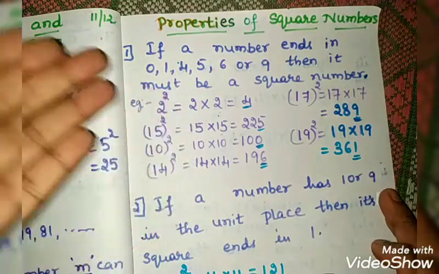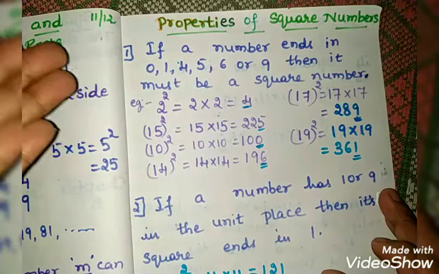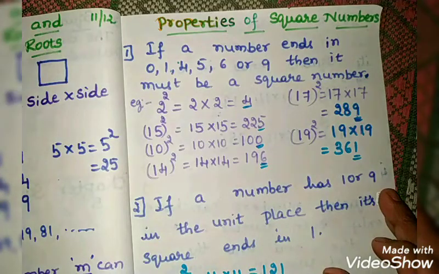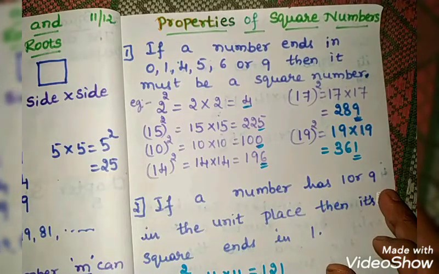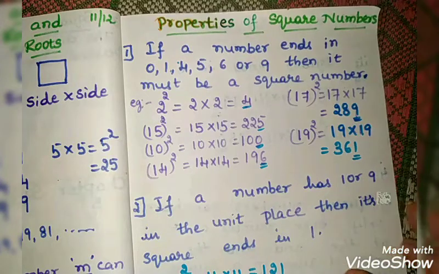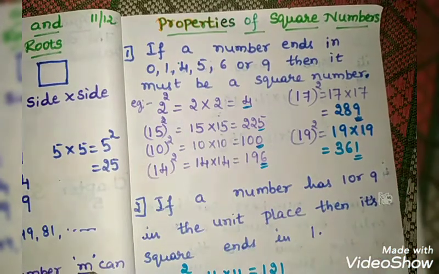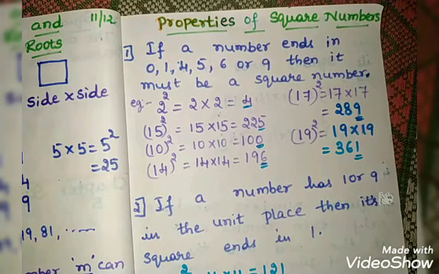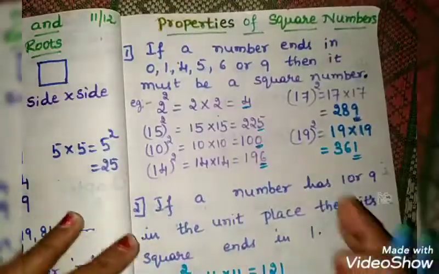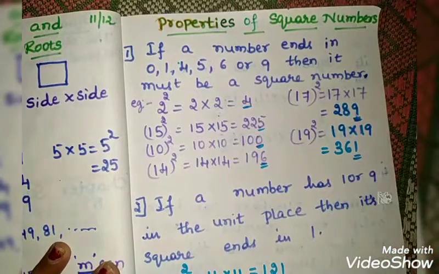Whichever number ends with these numbers, they are not square numbers. For example, 32. Is it a square number? Will you get the number 32 by multiplying the same two numbers? No, can't. So it is not a square number. Isn't it, children? You can understand easily, I hope.